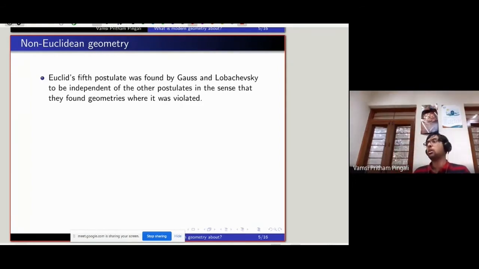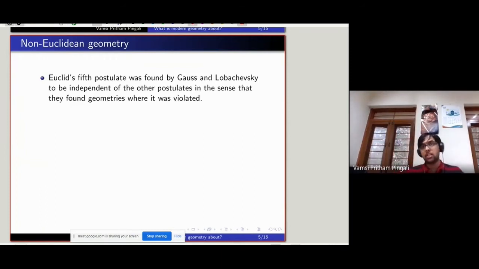A geometry is simply a set of axioms for points, lines, and planes, or just points and lines. I mean, of course, betweenness, congruence, all of these things included, but it's just a set of axioms. So they found geometries where all the other four postulates were obeyed, but this one was violated.